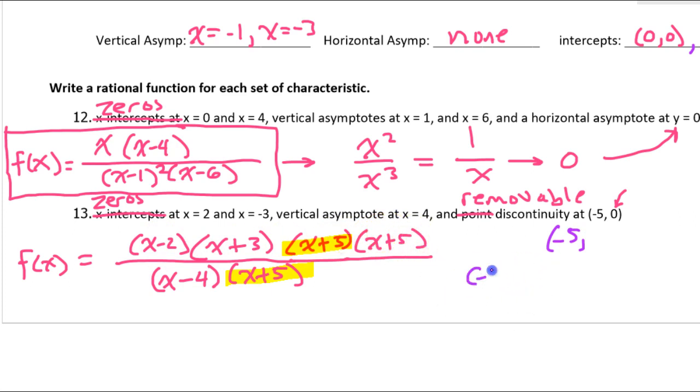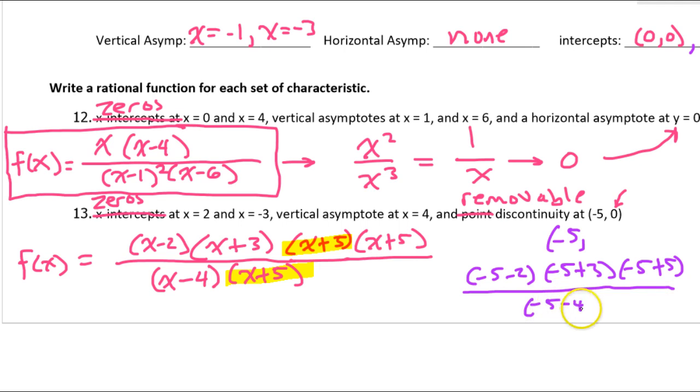So I have -5 minus 2, I have -5 plus 3, but now because of the extra x plus 5, I have -5 plus 5. That's the key. And then in the denominator, I have -5 minus 4. Now what really matters is this guy right here, because -5 plus 5 is 0.